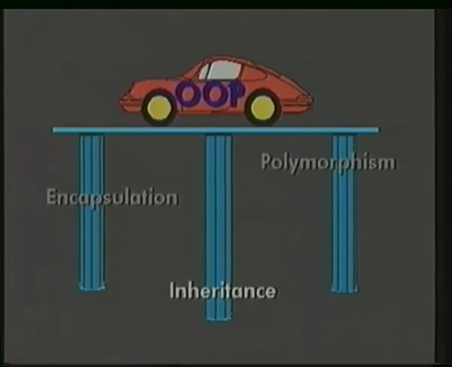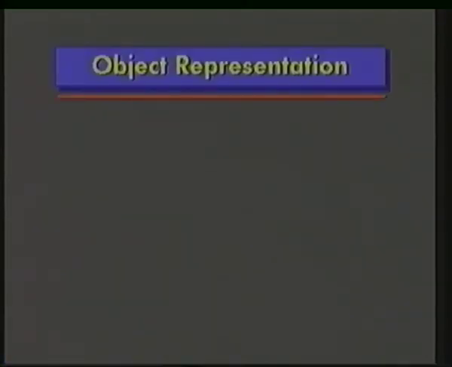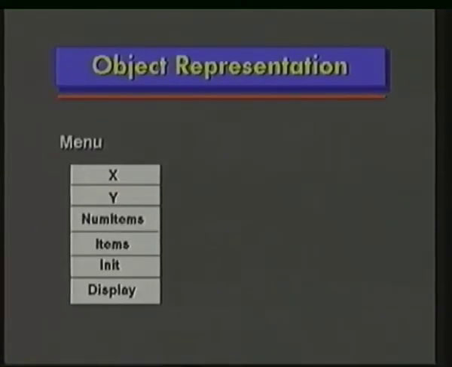The final concept is polymorphism. Polymorphism means many forms and refers to the fact that different objects can respond to a general command in different ways. We'll be seeing concrete examples of what these terms mean as we go along. For example, here's what an object type definition looks like in Turbo Pascal.